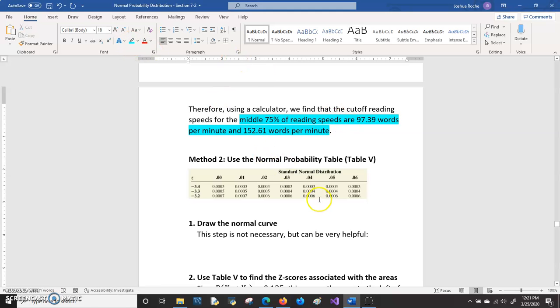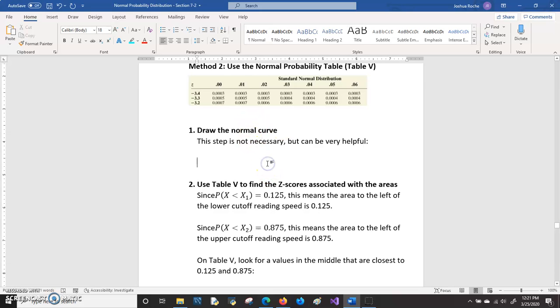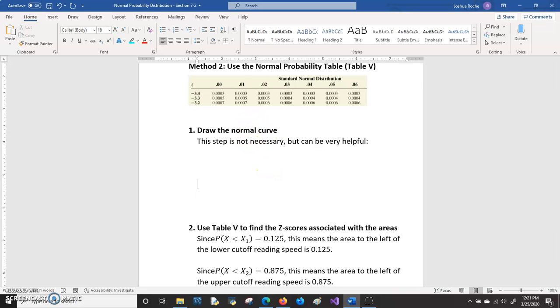We can also work this out using a table. Using a table, it is also really helpful to draw out a curve. And like before, we want to note that the area to the left of x1 is 0.125.